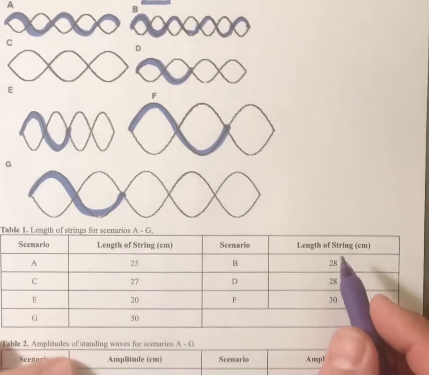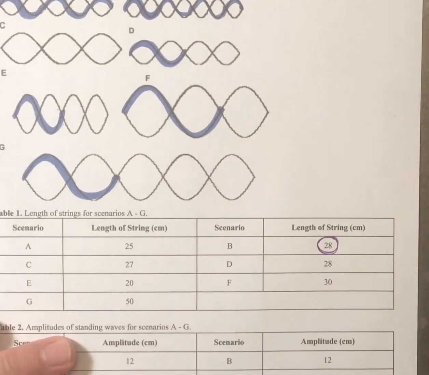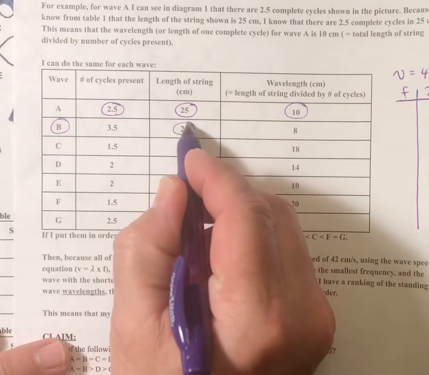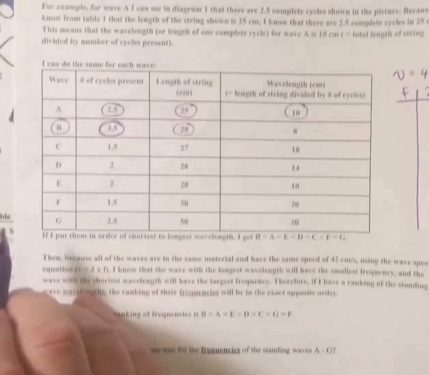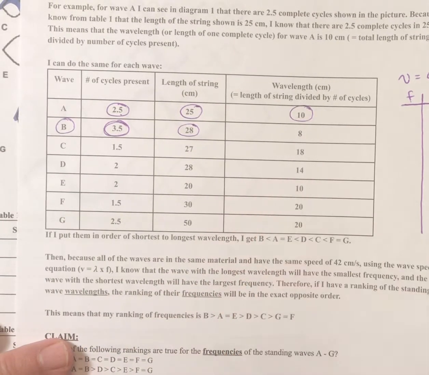How long is one of them if 3 and a half have a length of 28? So again, if you look at this sheet, the length is 28, but there are 3 and a half cycles. That means each one has to be 8 centimeters long.